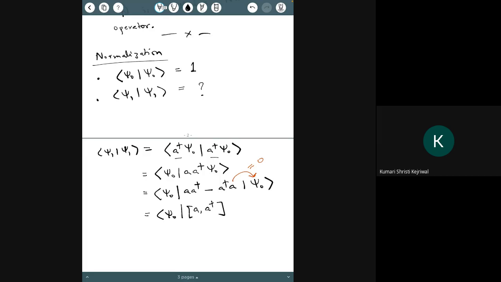So from here to here, what we have done is, a dagger of a dagger is A. And the bra function is basically, if you convert it to a ket, if you have any function x, that is x dagger. This is part of Dirac's bracket notation.